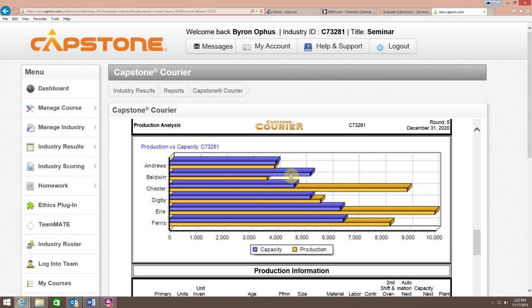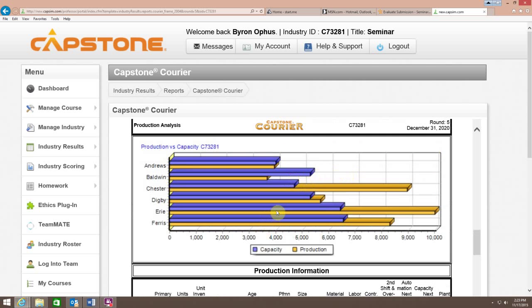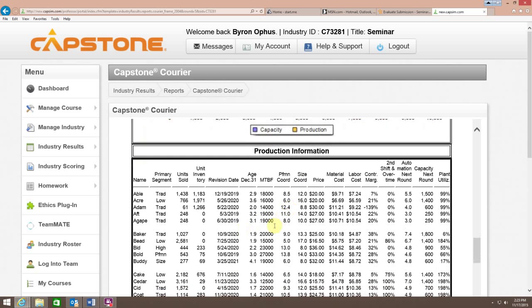Baldwin's got about 1,000, 1,500 units, and then you could double that, so they've got about 6,500 units of unused capacity. Andrews, you could double there, so they got about 4,000 units of unused capacity. Okay, again, there's a huge subtlety in that expense that's hard to explain, but it is an expense.